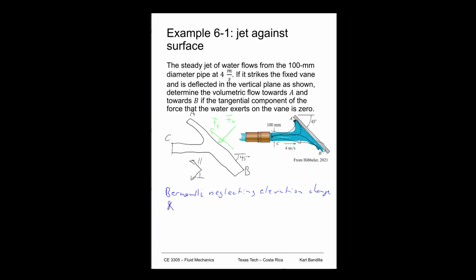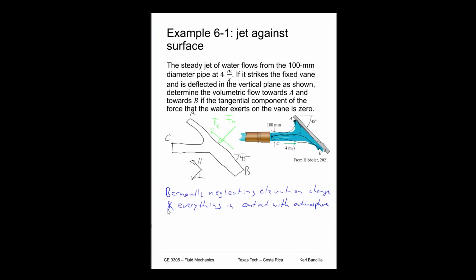And we also know that all these are in contact with the atmosphere. You might remember anything that's in contact with atmosphere, it's atmospheric pressure. We're talking about gauge pressure, so we can set those to zeros.